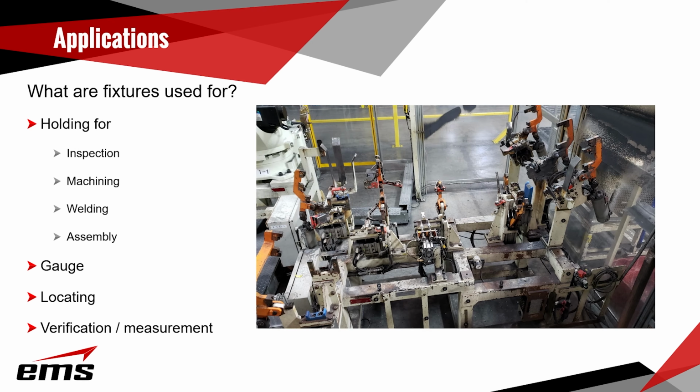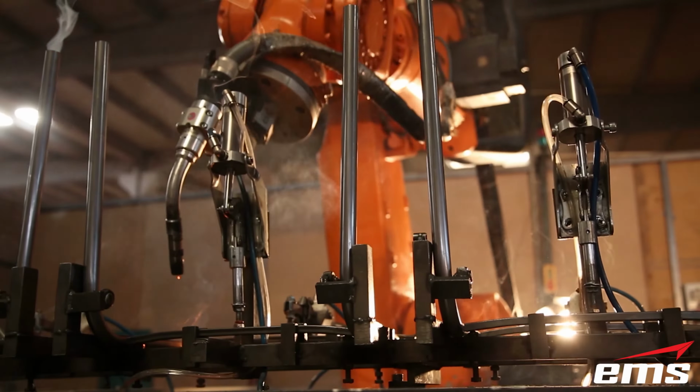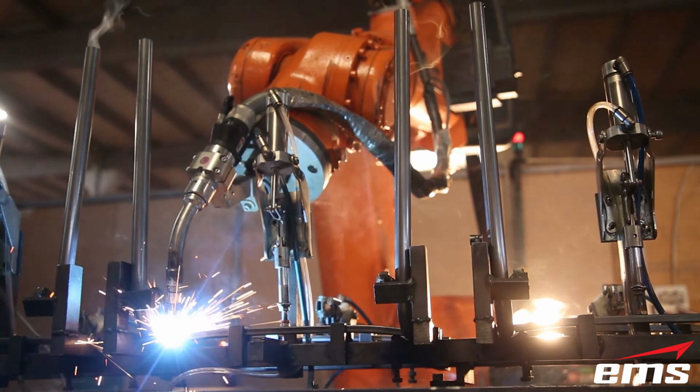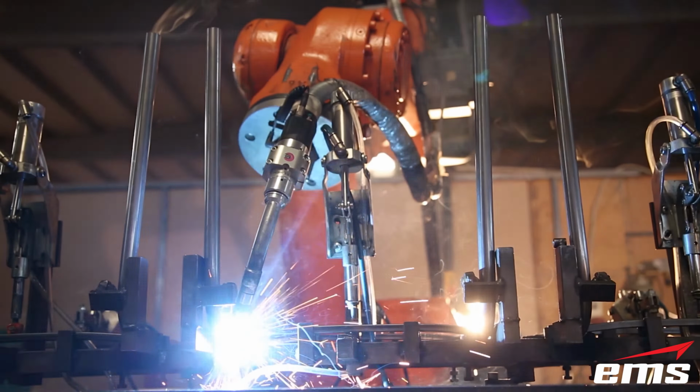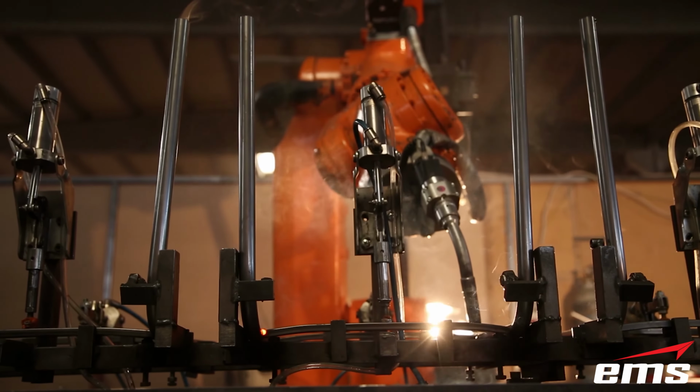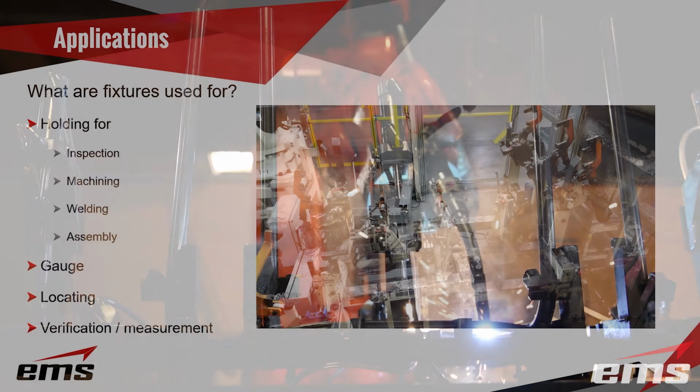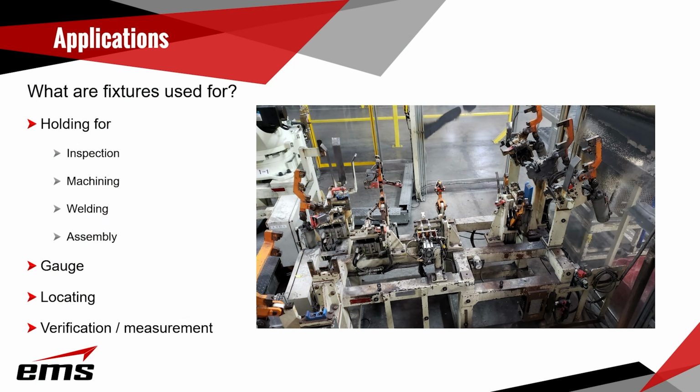So specifically, what are fixtures used for? Well, holding is one of the big ones. Holding just means that you're holding the part in a position so that you can do inspection, machining, welding, maybe some kind of assembly. But it's also used as a gauge to actually hold the part and then measure using gauge pins, gauge blocks, different things like that.